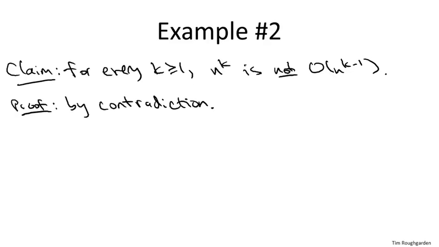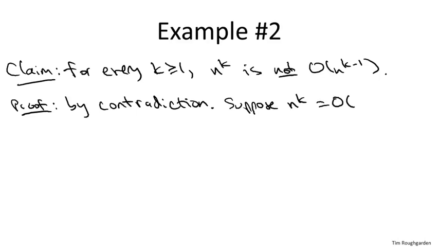Remember, proof by contradiction: you assume what you're trying to establish is actually false, and from that you do a sequence of logical steps culminating in something which is just patently false, which contradicts basic axioms of mathematics or of arithmetic. So suppose in fact n^k was big O of n^(k-1). That's assuming the opposite of what we're trying to prove. What would that mean?